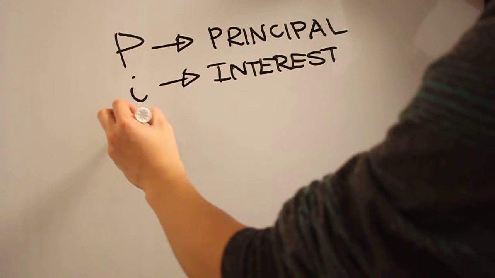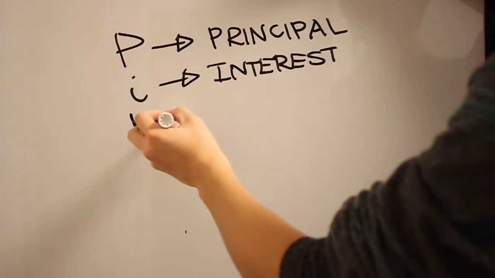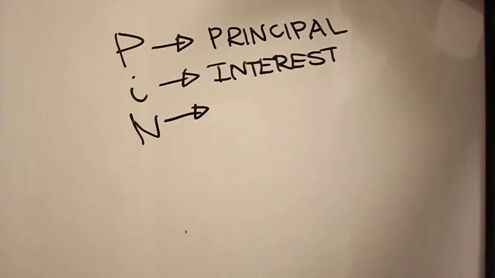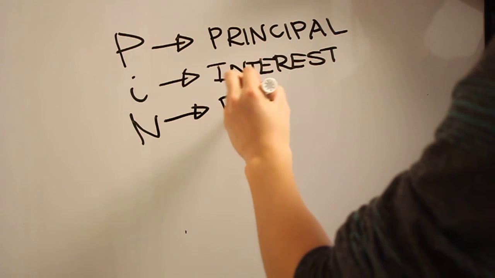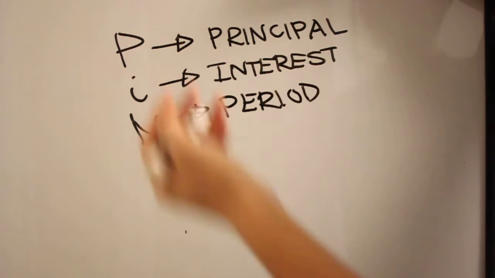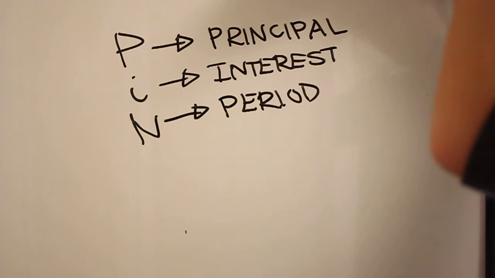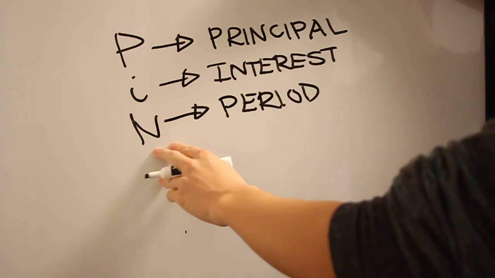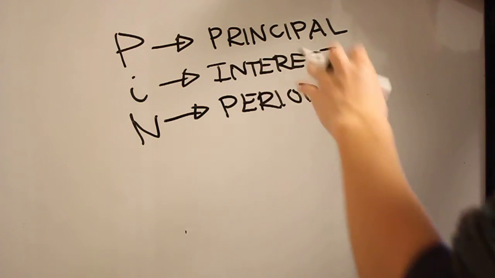You have the period over which you do that mathematical calculation, the period over which you compound your investment. And this is going to be some measure of time. In our case, it was 1 year, but then a bank can compound quarterly, which is 4 times a year, and it can compound monthly, which is 12 times a year. And this value, N, would just become, let's say you want to find out in a year how much money you have.